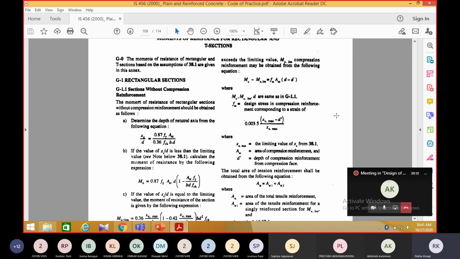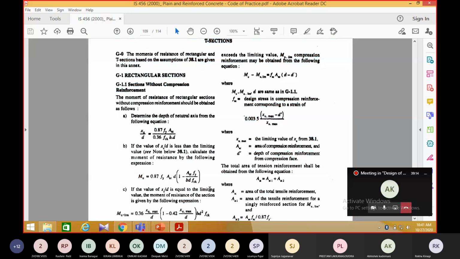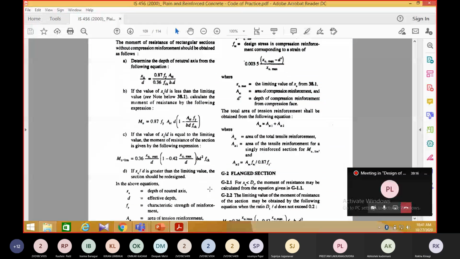As we know, if xu by d is greater than the limiting value, that means if Mu is greater than Mu limit in the case of a singly reinforced section, then we need to redesign the section.